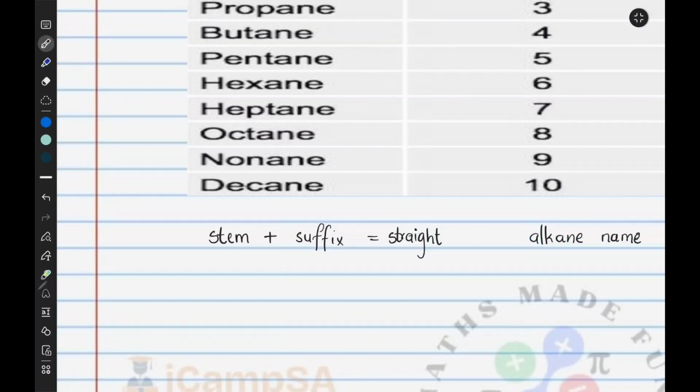They are usually called simple alkanes. That's what typically happens.